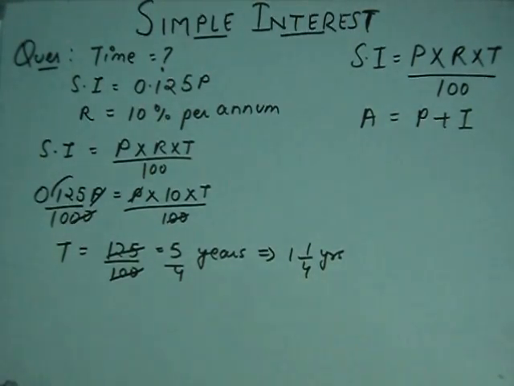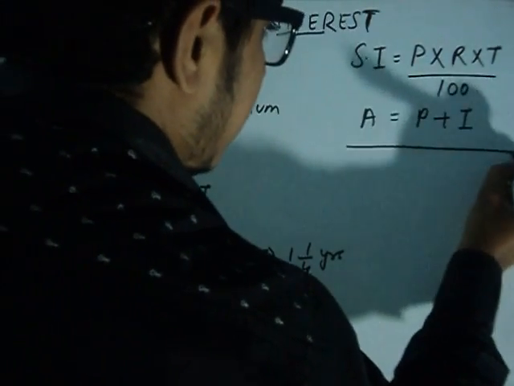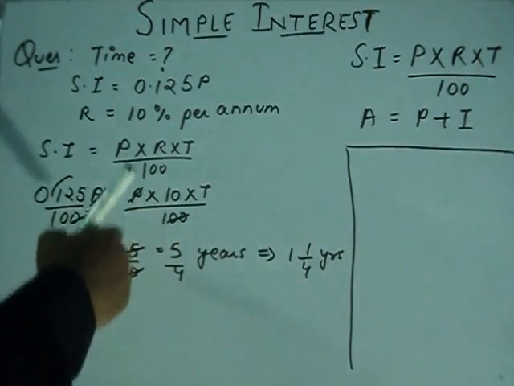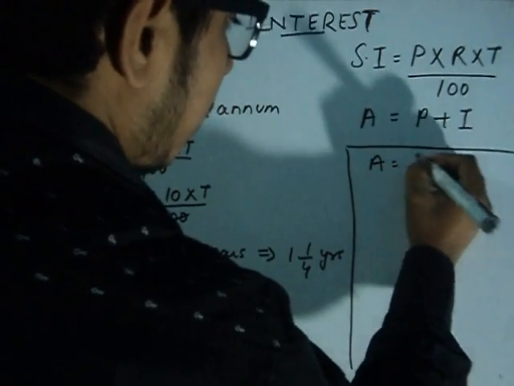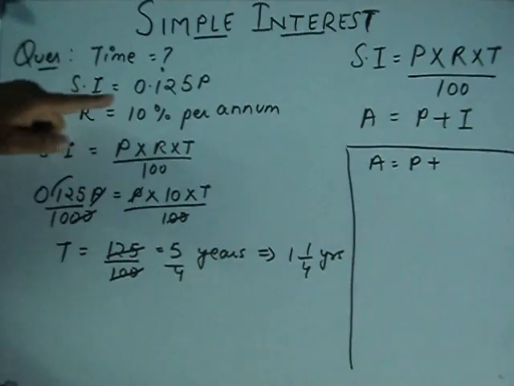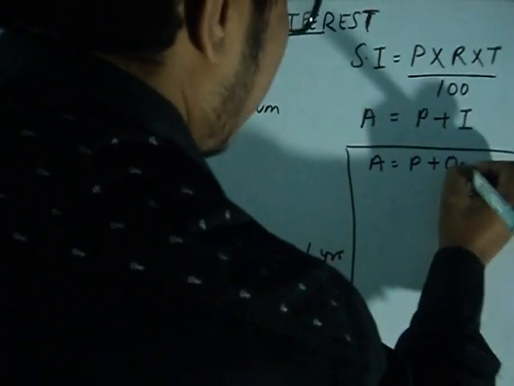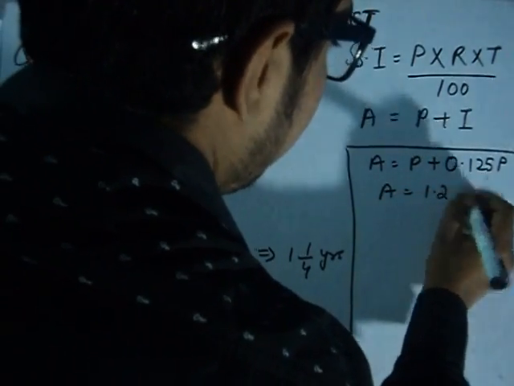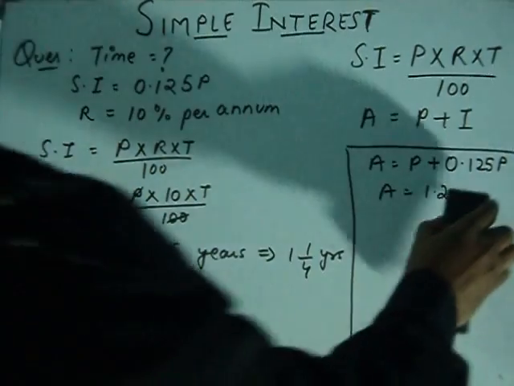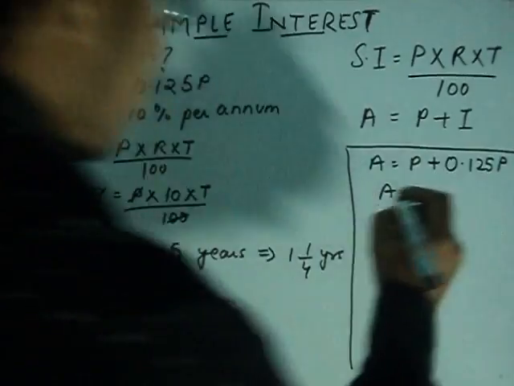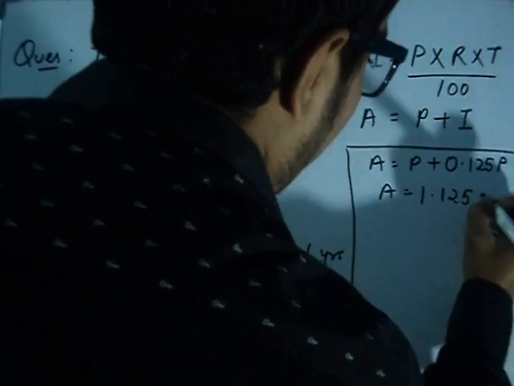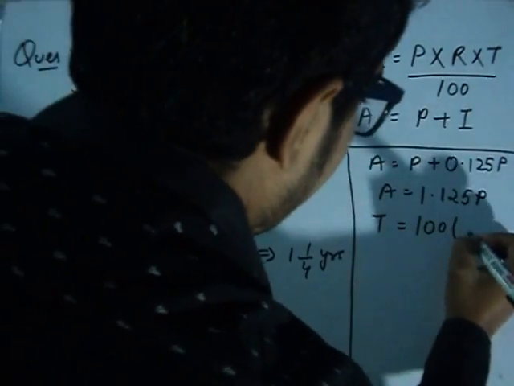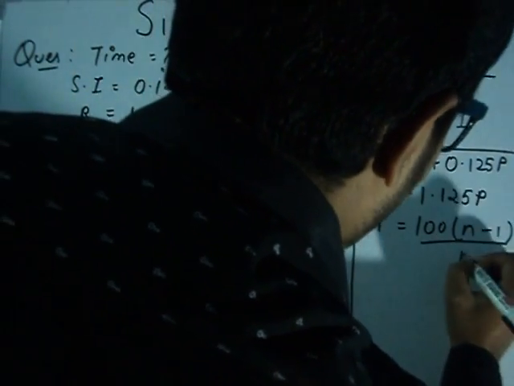Our next method is the shortcut trick as we discussed, but in this case it is quite simple. So amount is our P plus interest, which is 0.125, so the amount would become 1.125 of P. Our formula for time is 100 times (n minus 1) upon r.